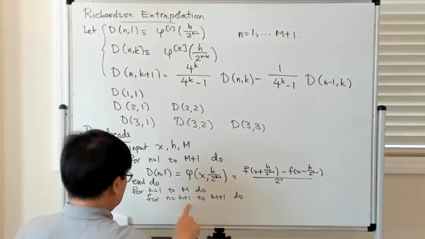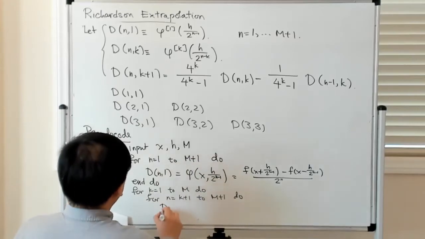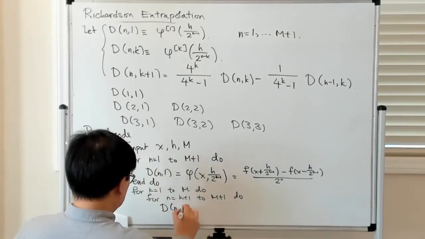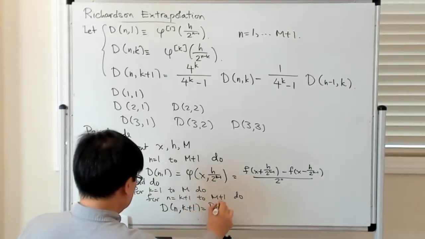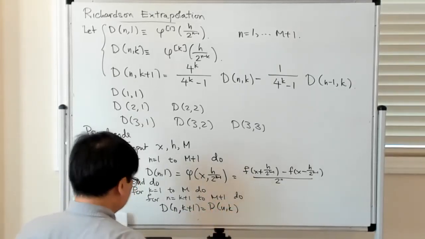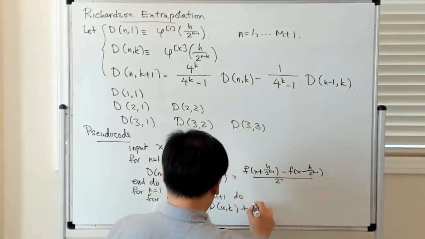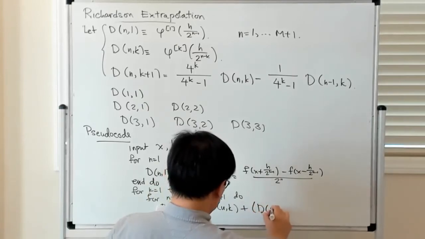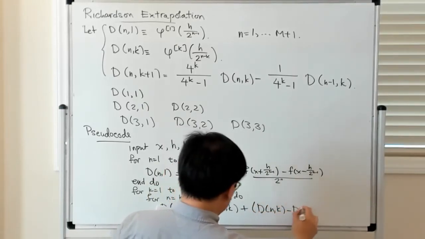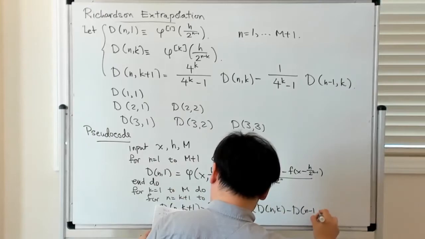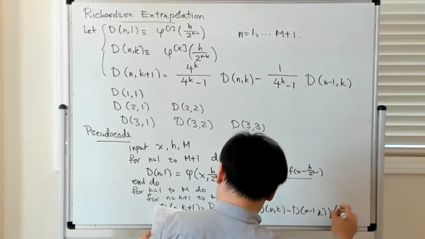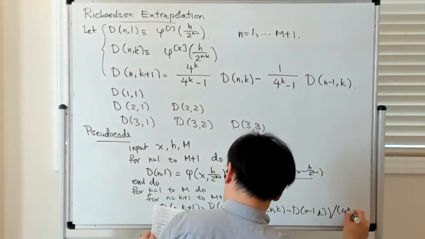That's why this index is lower. Okay, and then D(n,k+1) is equal to D(n,k) plus D(n,k) minus D(n-1,k) divided by 4 to the k minus 1.